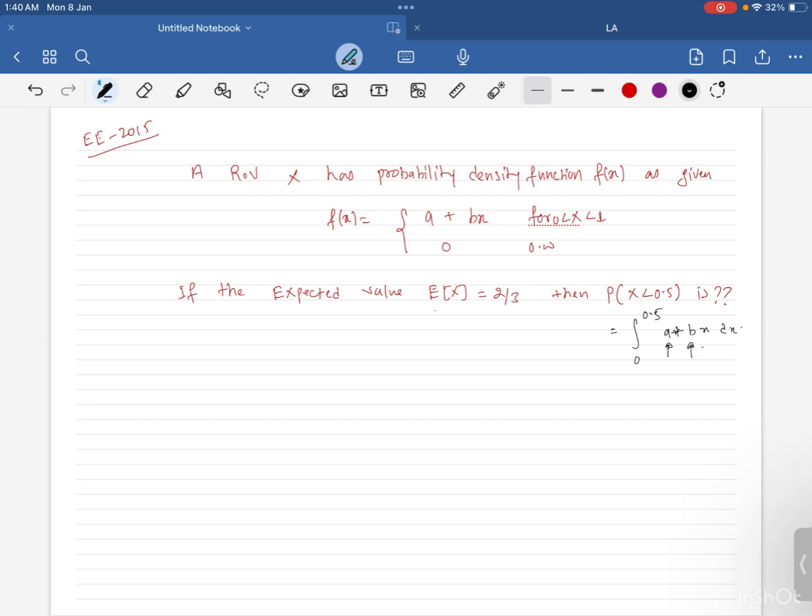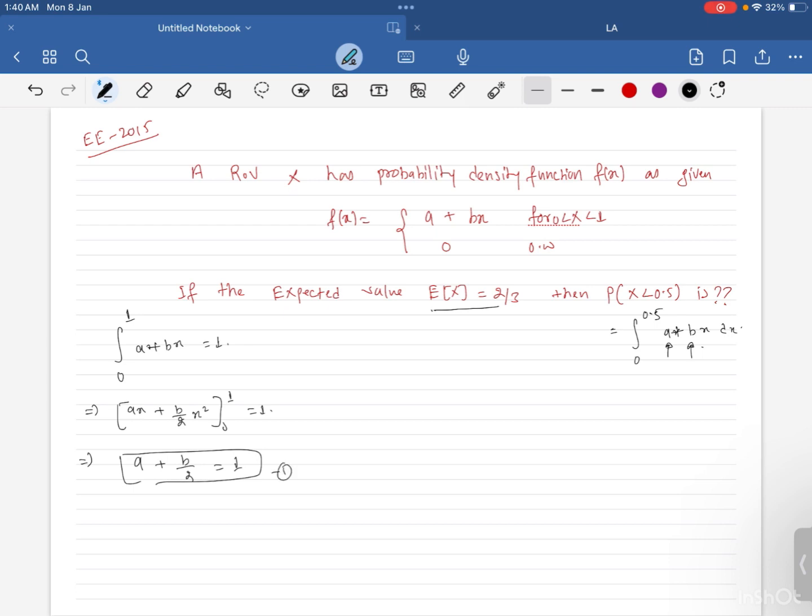So we have been given this info, and one more piece of info is that if we integrate the PDF from minus infinity to infinity, in this case from 0 to 1, that should be equal to 1. From here we can find the relation: a plus b divided by 2 is equal to 1. That is the first equation.